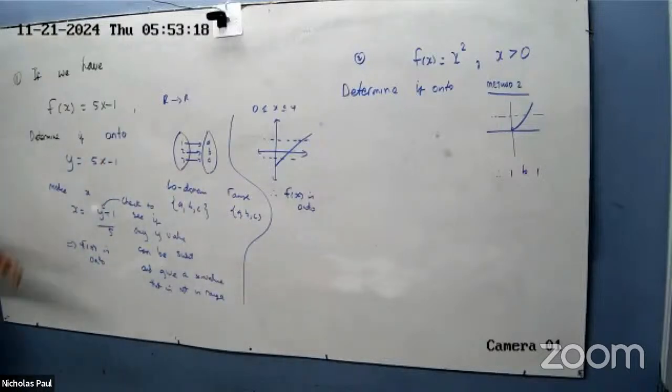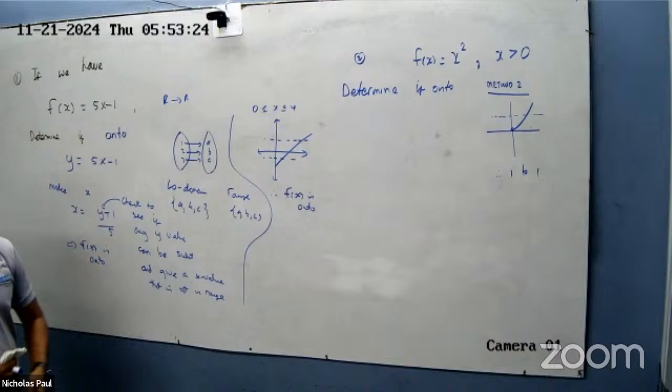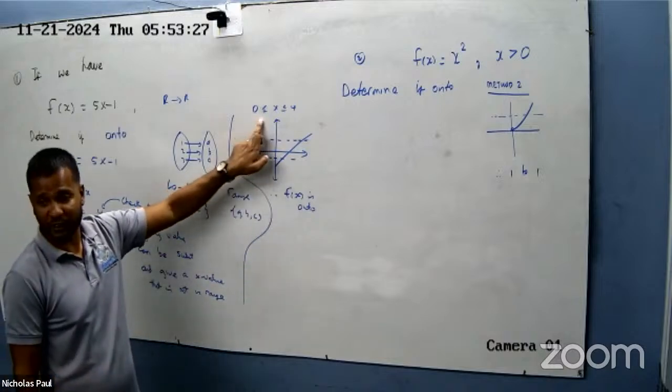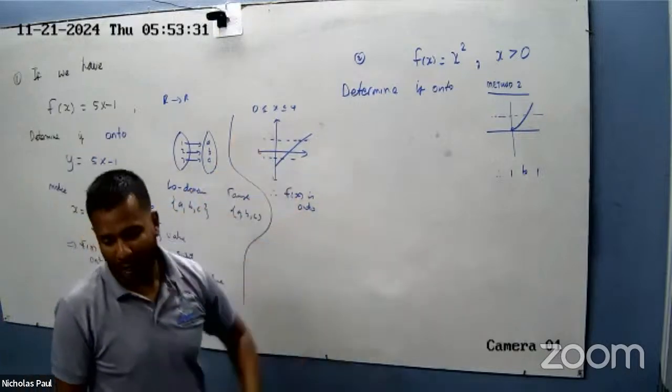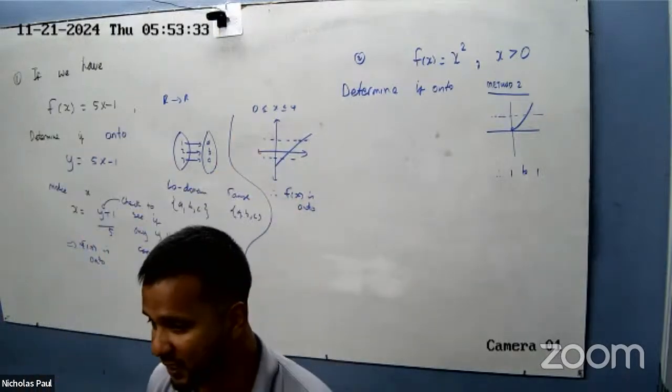Okay, so either method can work. Any method can work. This one is the better method for this question because you can sketch it graphically. We do have a codomain in this case.